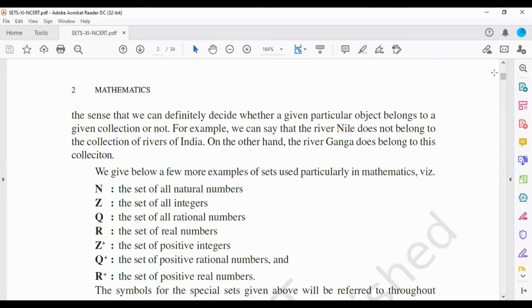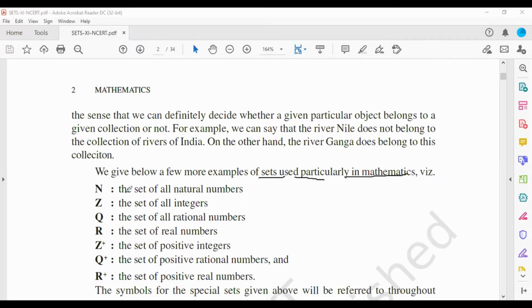I think once again, the number sets, the basic number sets, let me highlight, that are available here. So the classic symbols, please make note of them, particularly the sets that are used in math.